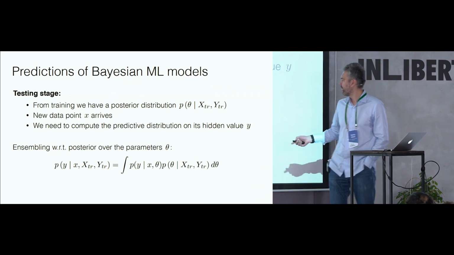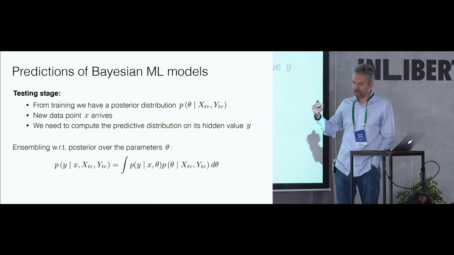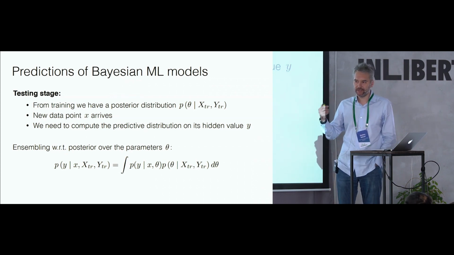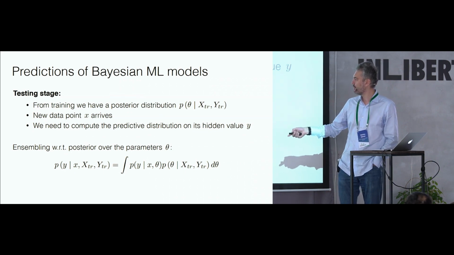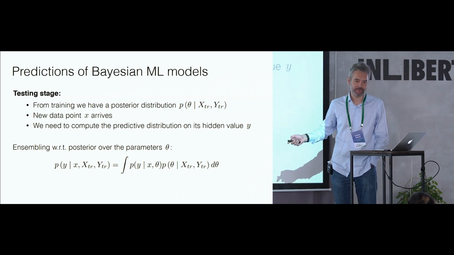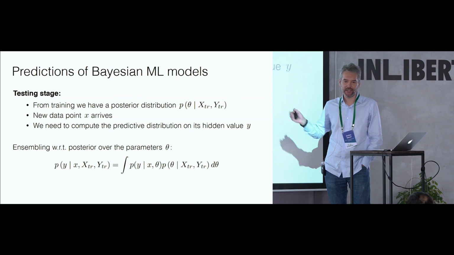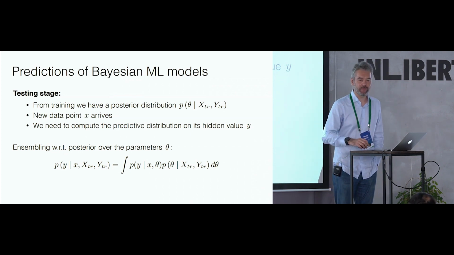We do not care about predicting P of y given x and a specific particular value of theta. This is not natural. The natural way is to condition our prediction on the observed features of a given object and on the training data. So I would say that this is some kind of justification of why we should perform Bayesian averaging.